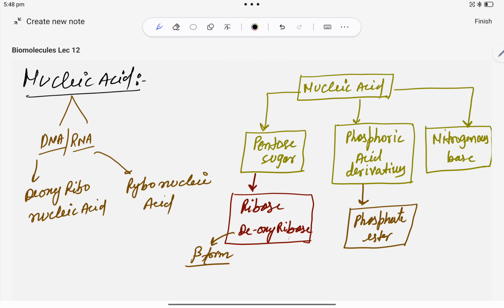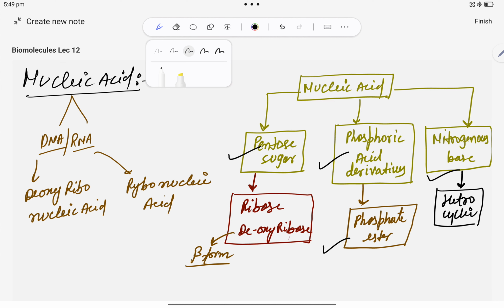In the case of nitrogenous base, which we will discuss, they are basically heterocyclic. So beta form of pentose sugar, phosphoric acid derivative, that is phosphate ester, and nitrogenous base. These are the things we are going to use in the formation of nucleic acid.